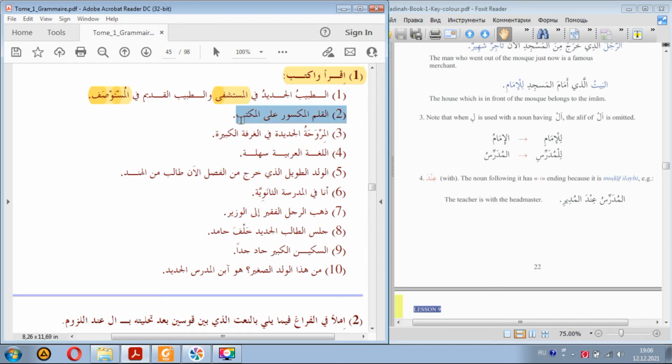Al-qalamu, well, I don't know if it's the same place in the United States or in Great Britain, but for example in my country, al-mustashfa and al-mustawsafa, they have different buildings. So that's the meaning of these two words. القلم المكسور على المكتب. The broken pen is on the table.